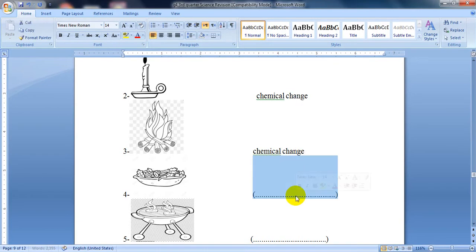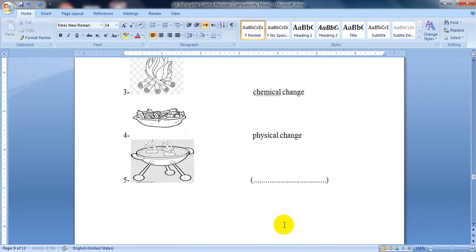The next one, here we have an example of a mixture, a salad, so it is a physical change. And the last one, we have grilled burgers, so they represent a chemical change.